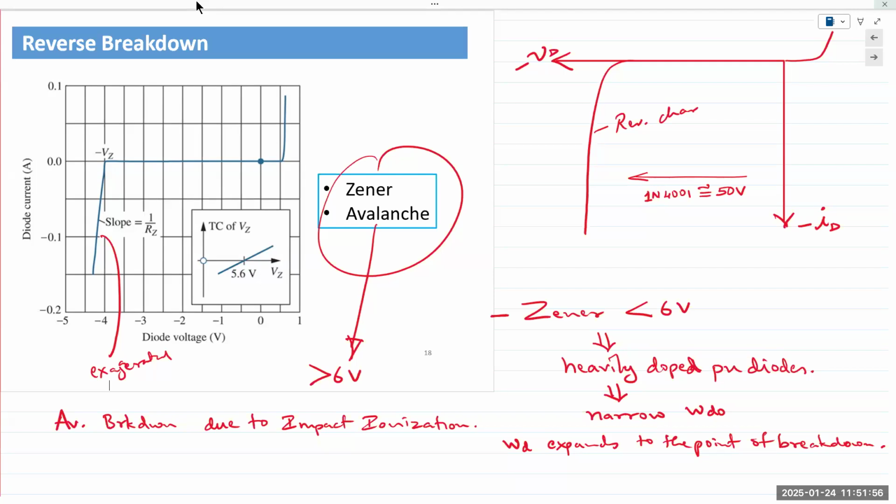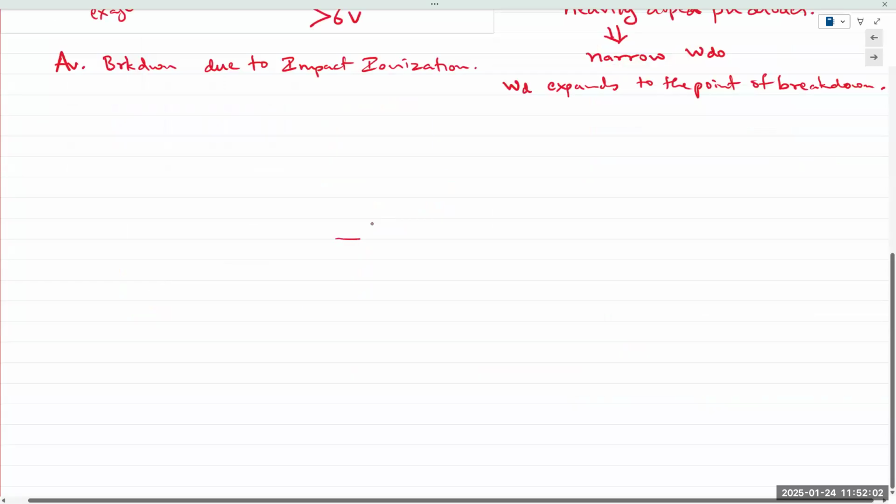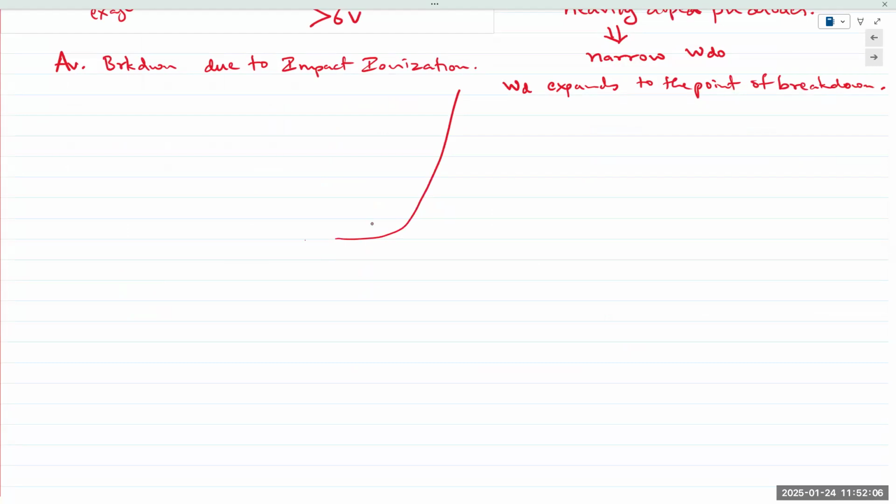You increase the voltage, and the slope is something like this. I'm exaggerating the slope a little bit, but in the reverse bias it's almost a flat line. The slope is very steep, nearly a flat line. And we'll perform that experiment in the lab.